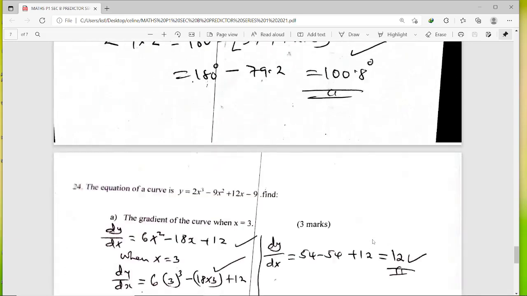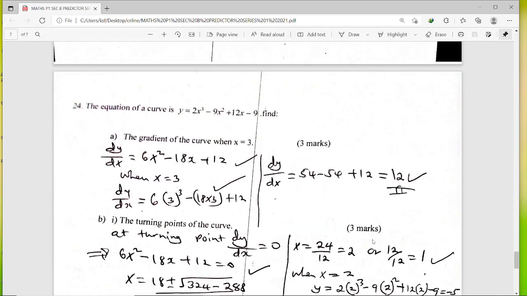Finally, question number 24 is about differentiation, that is, finding the turning points and the nature of the turning points. The equation of a curve is y equals 2x cubed minus 9x squared plus 12x minus 9. We find the gradient of the curve when x equals 3. We know that the gradient is dy over dx.